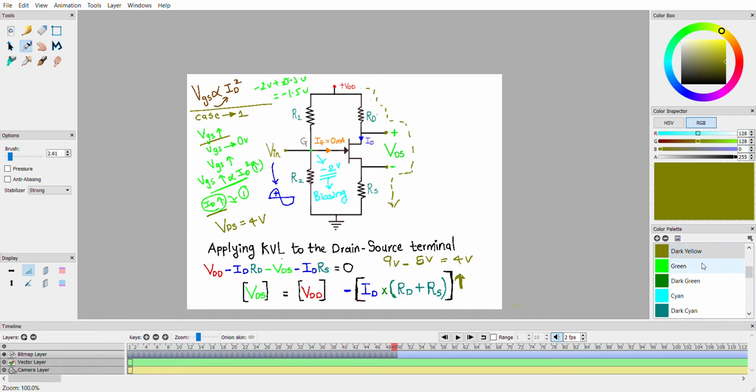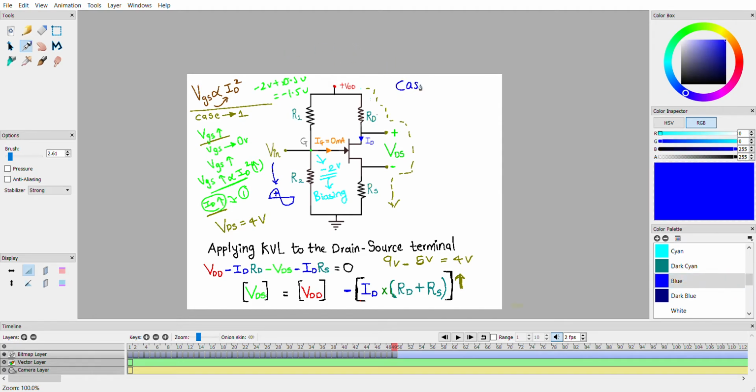Now we will analyze case 2. Let me use some different color. So case 2 I am writing over here. Let's say our VGS, which was set to minus 2 volts. Now we are talking about this negative cycle.